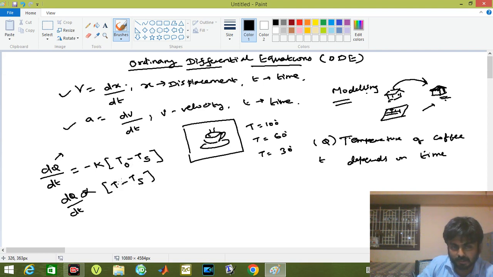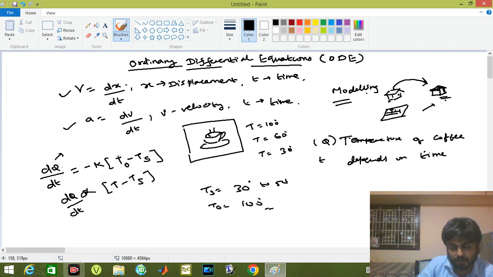Initially the temperature of the coffee will be 100, and the surrounding temperature will be 30. If you are living in your house, the room temperature may be 30 to 50 degrees Celsius, whereas the coffee temperature will be 100 degrees Celsius. You want to make the equation such that it models the loss in temperature of the object, the coffee.